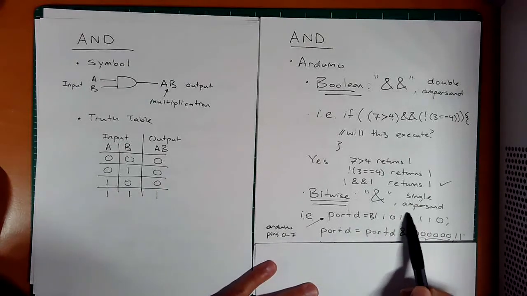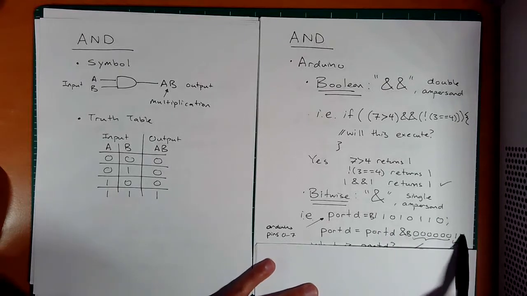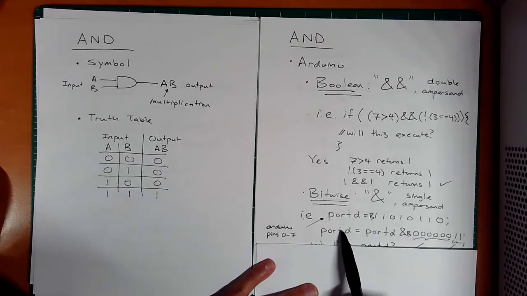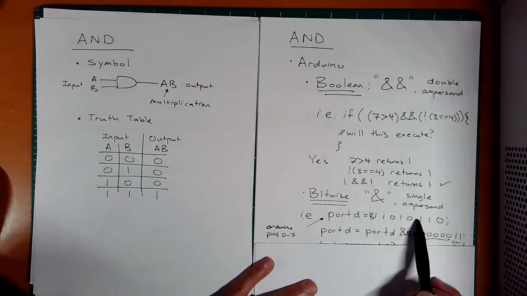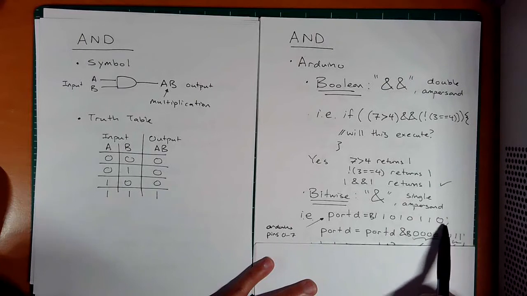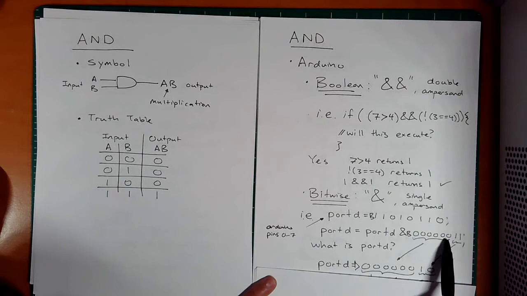Anyways, what if I do this? PORTD, which is originally assigned as this, and this binary set of data, right? So I'm ANDing this and this bitwise. If I want to overwrite PORTD, what is the new value of PORTD? Well, I can literally bitwise these together. So 0 and 1, that's going to be a 0. That's going to be a 1, right? If I AND anything with 0, what happens?